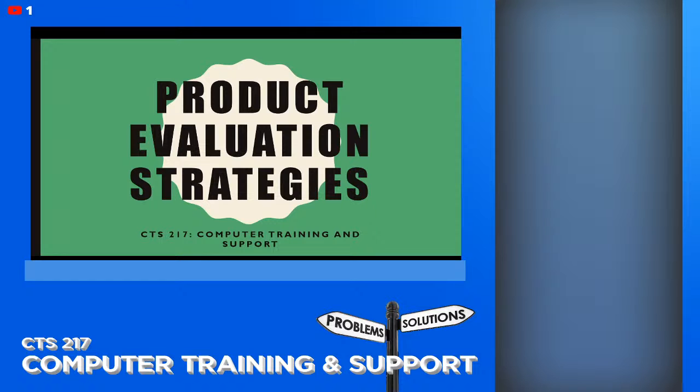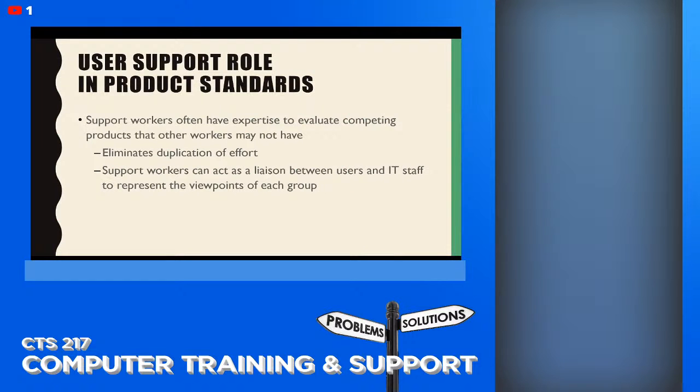So the first slide that we have here has to do with your role as a user support agent in these product standards. And as we work through product standards, we build from these product standards to the product evaluation. So really at the core of what we're looking at when we're evaluating products is going to be based on the product standards that are built by the experts. And if you'll remember back to last week when we were talking about technical writing, we were talking about writing from the perspective of somebody who works in that profession, has that business.